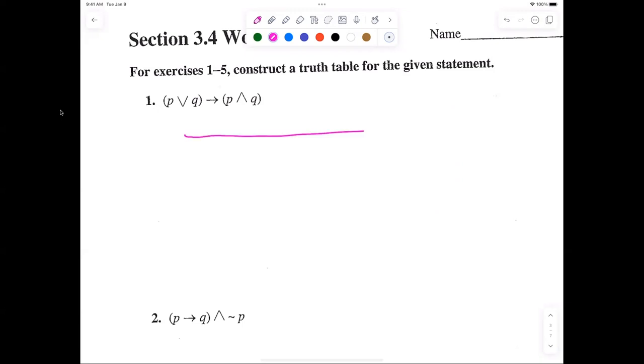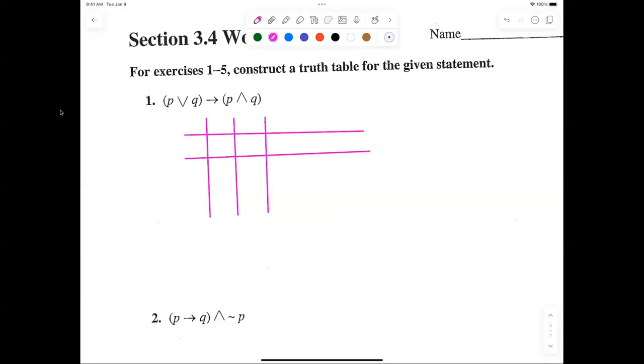All right. So here we go. Now, for our truth table, we have P and Q, right?